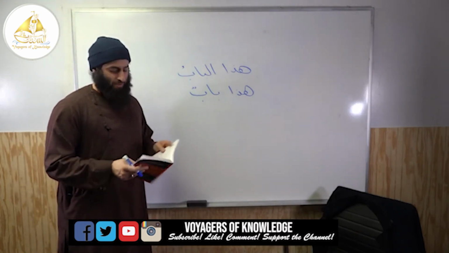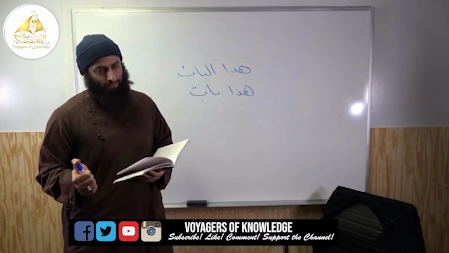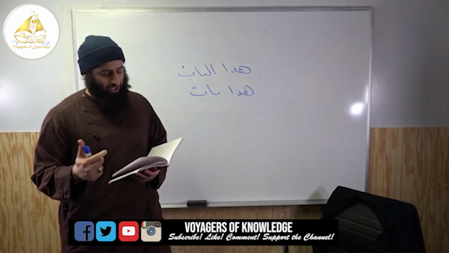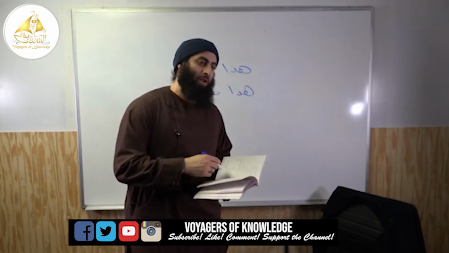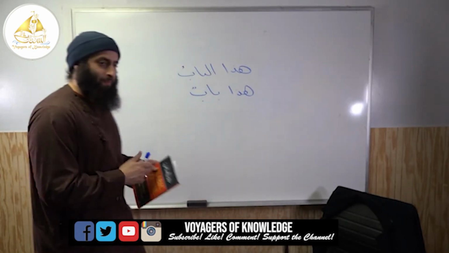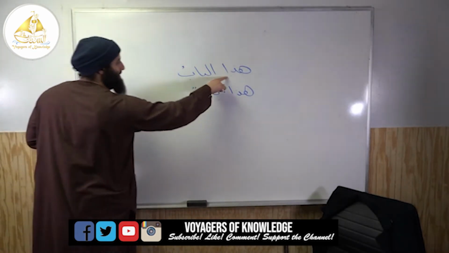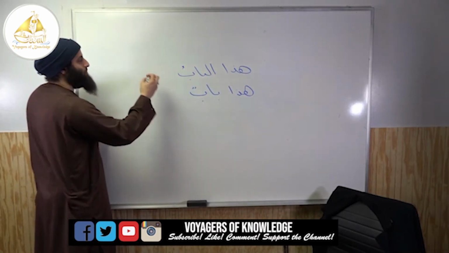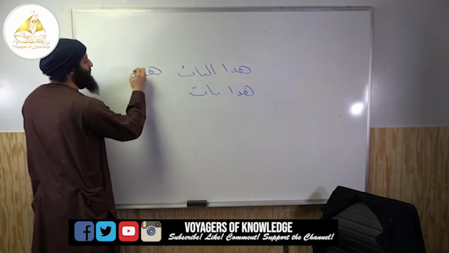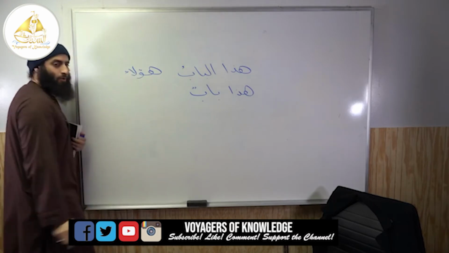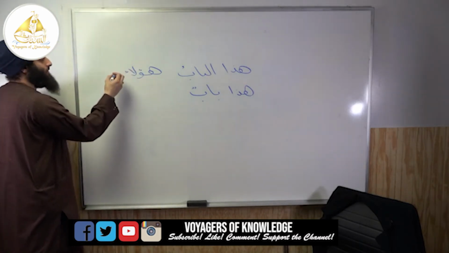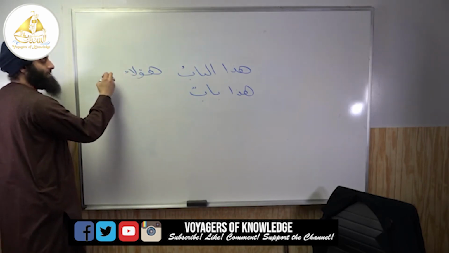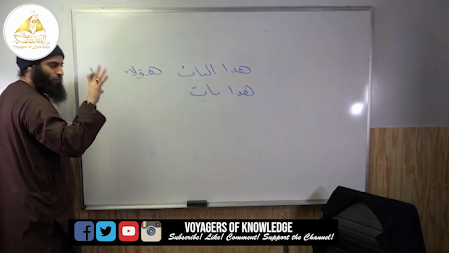Hada, right? Haza ar-rijalu. We changed it. Man haulai. الرجال, it will be ar. Yeah, because look, here's هذا. It's اسم إشارة. So again you have هؤلاء. This is still اسم إشارة. So you're not going to say هؤلاء رجال because you've specified them.